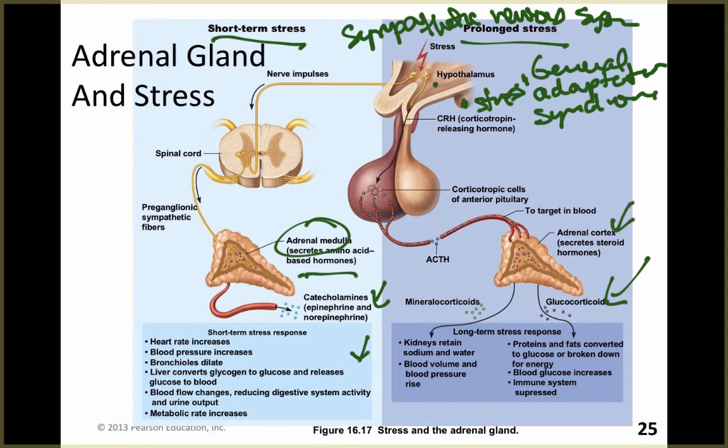And all of these, especially in the long-term stress response: the kidney retains sodium and water, blood volume and blood pressure rises, proteins and fats get converted to glucose and broken down for energy, blood glucose increases, the immune system gets suppressed. So if you're constantly under a state of stress, it can slowly break down your body.